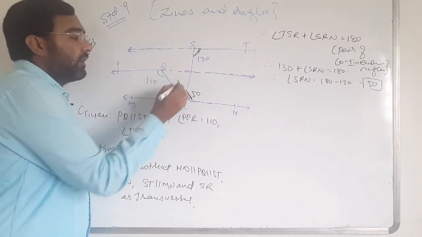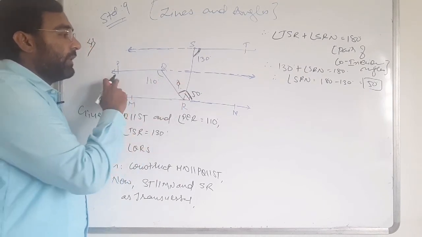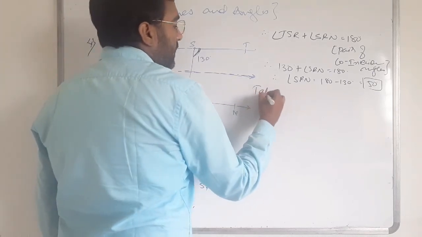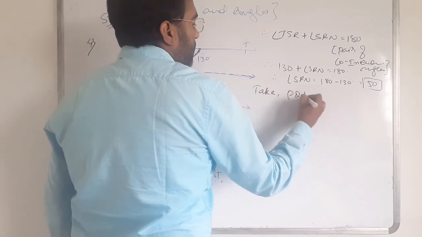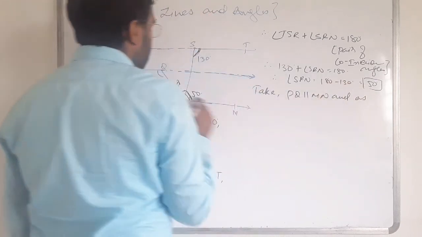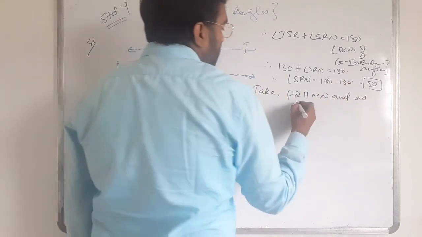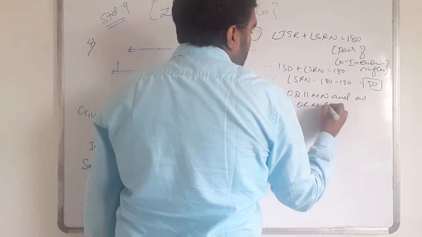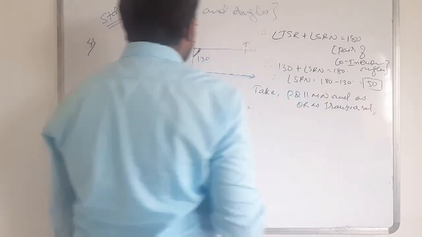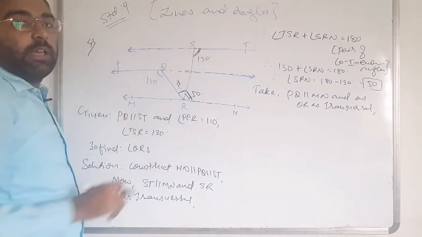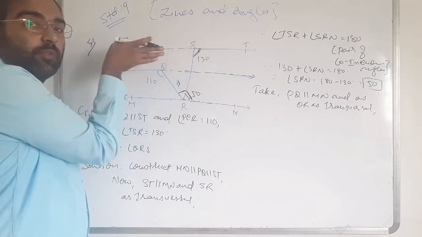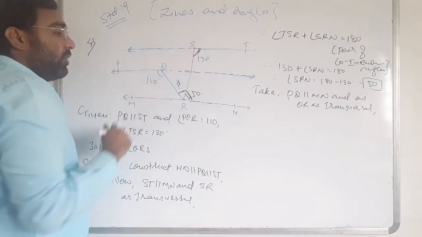Now we have to find this angle also. Now we take PQ parallel to MN and QR as a transversal. So now we remove the ST part of the parallel lines, we remove this part from the figure.